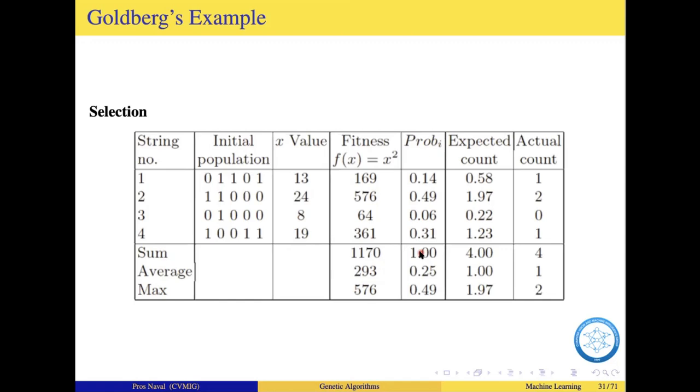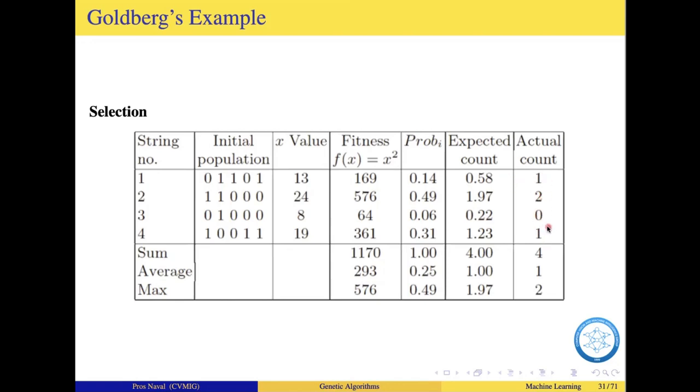Now, how many individuals would we want? We want 4 individuals in the next generation to replace the 4 parents. So we multiply this by 4, and we get the expected counts 0.58, 1.97, and so on. If you round it, you get 1, 2, 0, and 1.